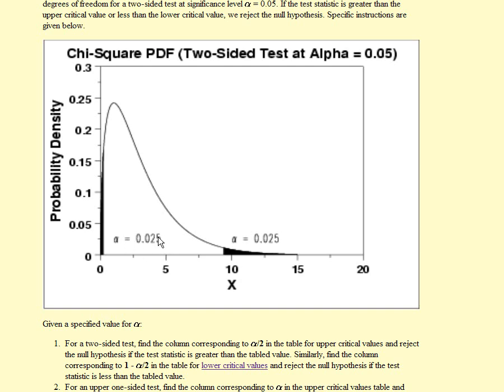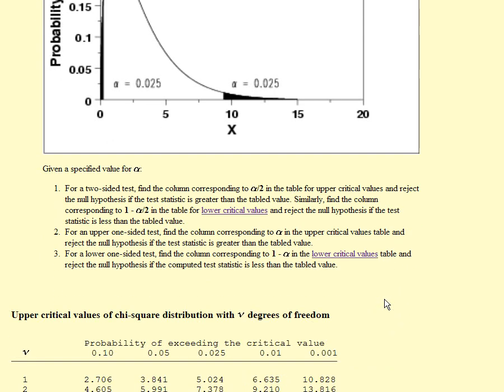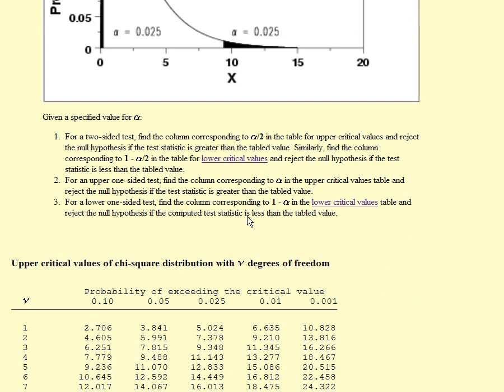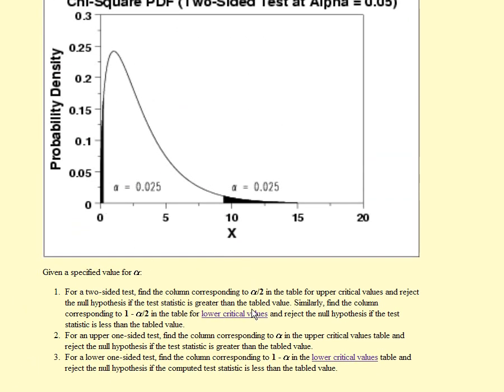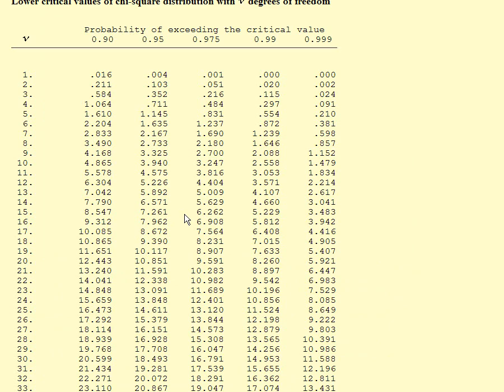On this graph, they have written 0.025 for an alpha of 0.05, but we're going to want one with 0.05 in the left tail and 0.05 in the right tail. So I'm going to click this link here for lower critical values for our left critical value here.